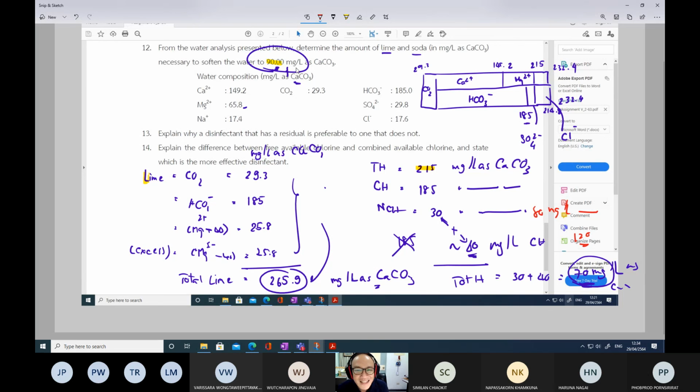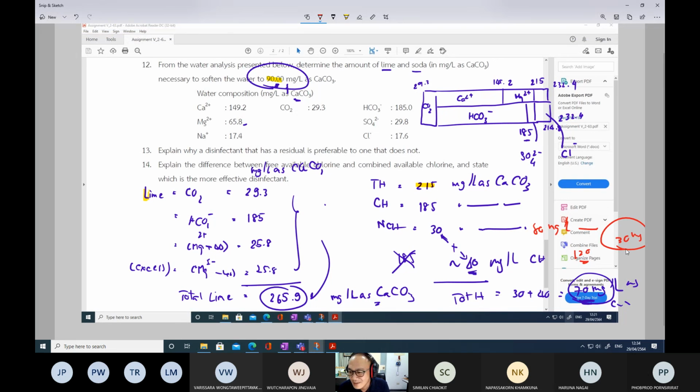It's over 90. So how many milligrams per liter of the non-carbonate hardness do we need to remove? We need to remove 30 milligrams per liter, right? Another 30 milligrams per liter of NCH needs to be removed because it's over the requirement.